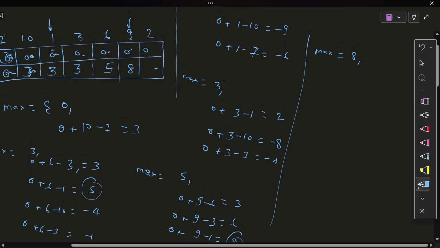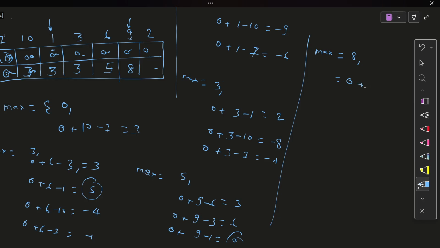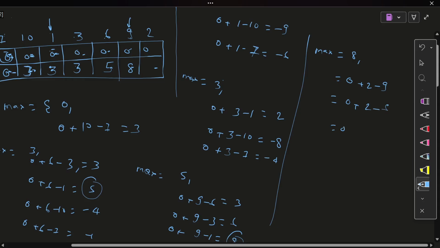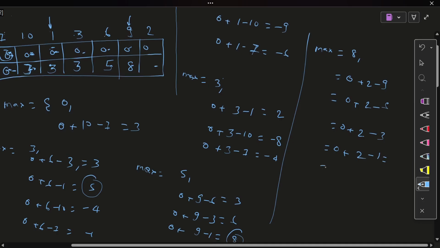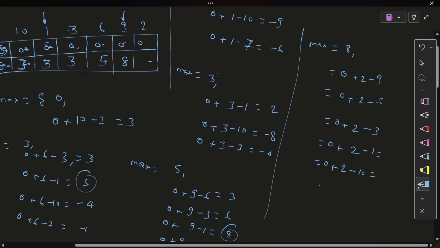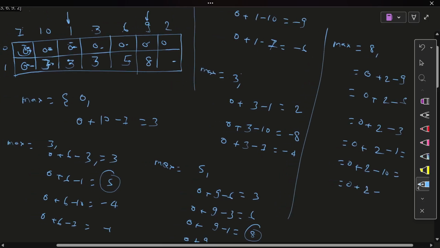And here zero transactions happen. So the amount for zero transactions: 0 plus 2 minus 9, then 0 plus 2 minus 6, 0 plus 2 minus 3, 0 plus 2 minus 1, then 0 plus 2 minus 10, and 0 plus 2 minus 7.